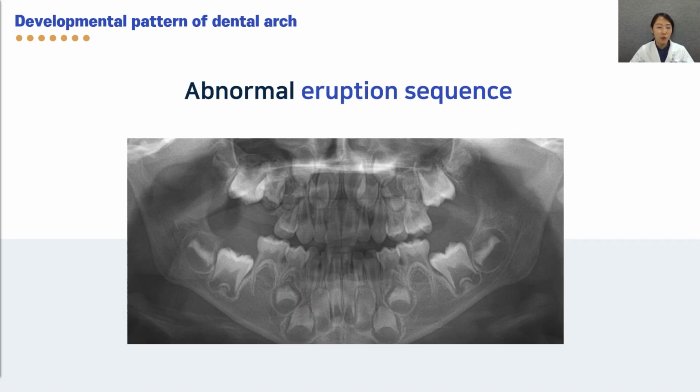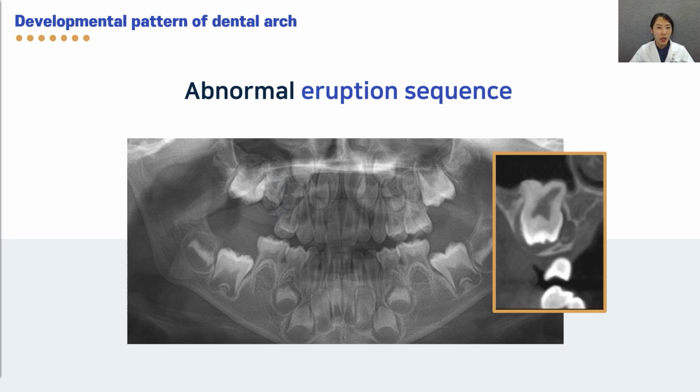In his panoramic radiograph, the right second primary molar is located within the alveolar bone. After we had a CBCT taken, we were able to find a small radiopacity that had interfered with the eruption of the tooth.